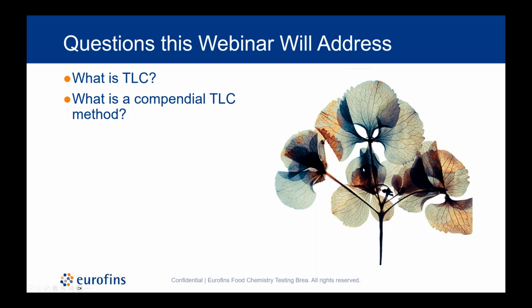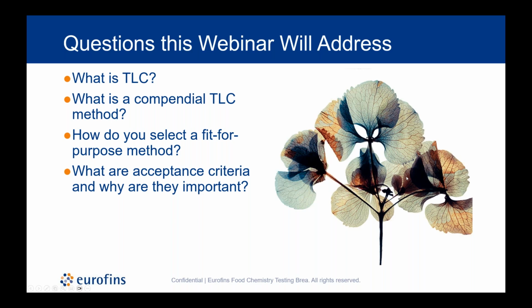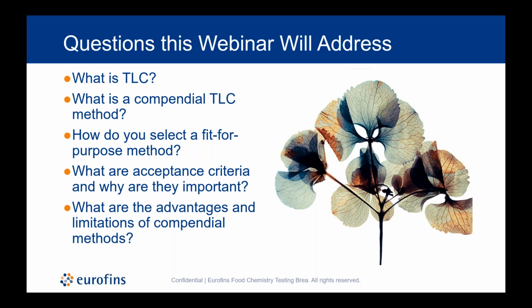That's what we're going to dive deeper into today as a vehicle for this webinar. How do you select a fit for purpose method for botanical identity testing? And what are acceptance criteria? Why are they important in the HPTLC testing method? What are advantages and limitations of testing with an HPTLC method that is compendial?